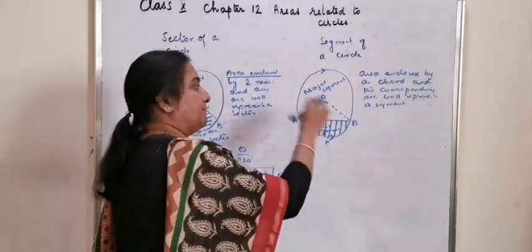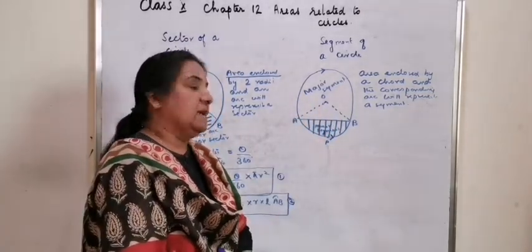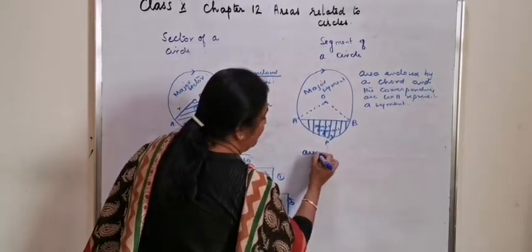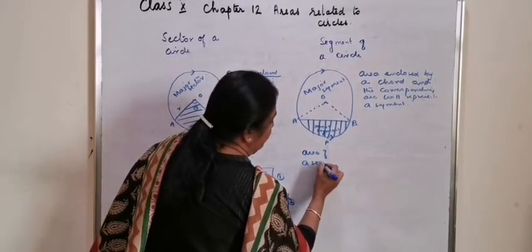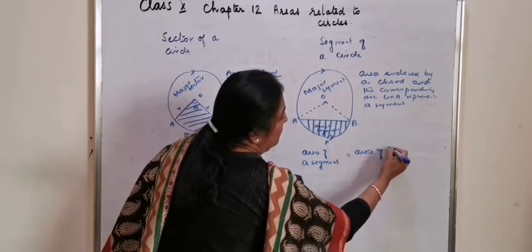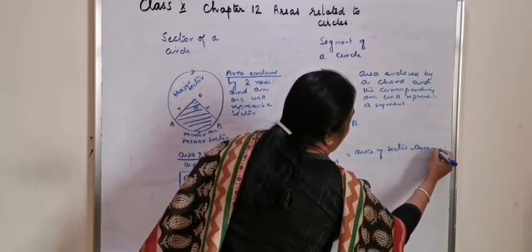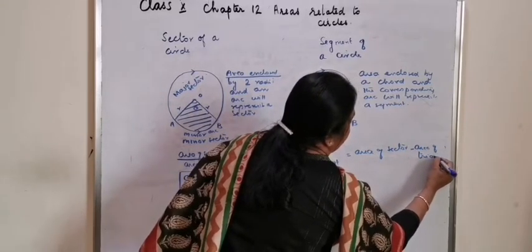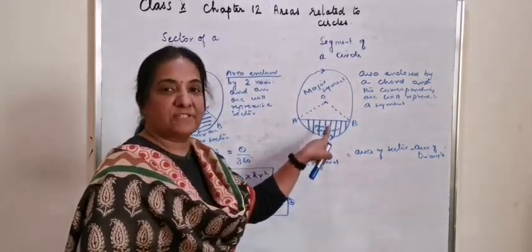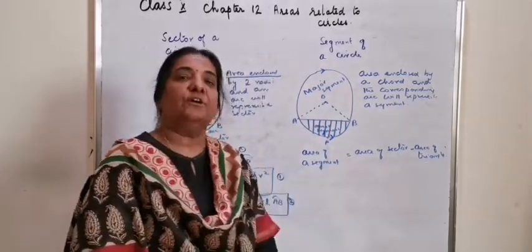Area of sector minus area of triangle AOB will give you the area of the minor segment. So the general formula of area of a segment is equal to area of sector minus area of triangle. The general concept of finding the area of a segment is area of the sector minus area of triangle.